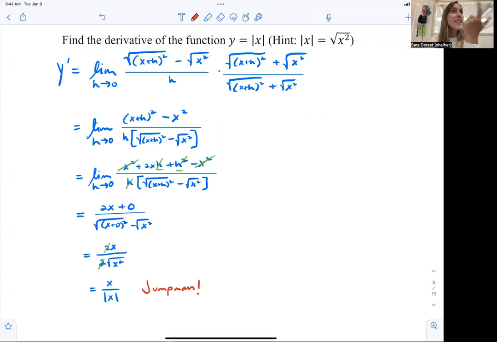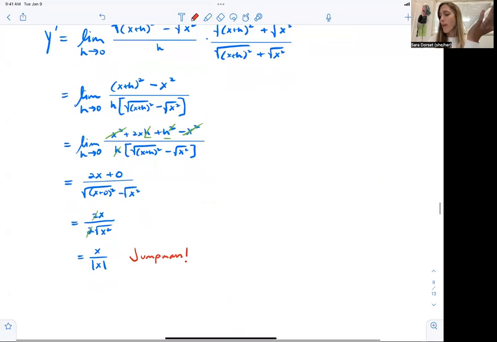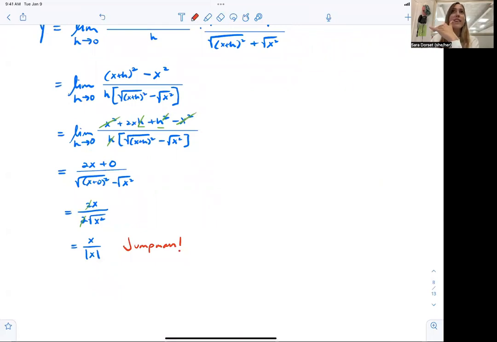We ran into Jumpman, the fact that if we were to evaluate the derivative for x less than 0, we got -1, versus when x was greater than 0, we got +1. That was another way to write Jumpman. Colin, you look skeptical right now. It is a curve. A line is a curve. As long as it's not a point, it's a curve. Isn't that crazy? The derivative of absolute value is Jumpman. That's cool.